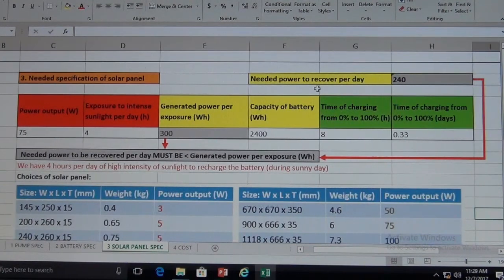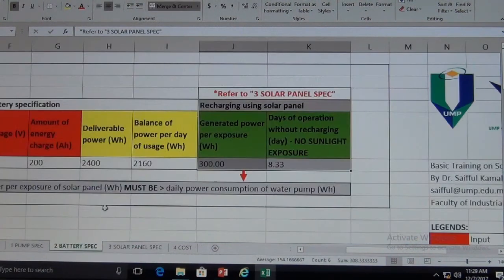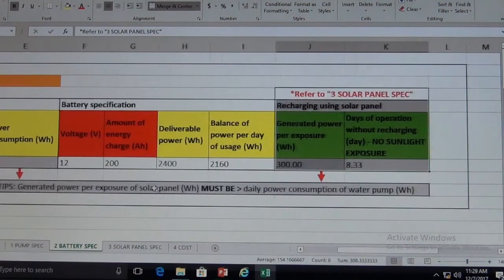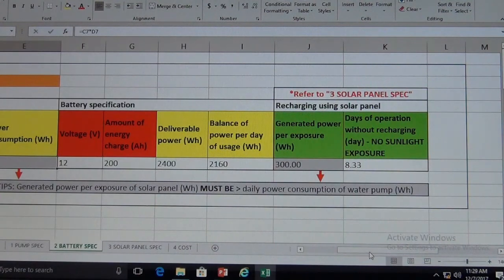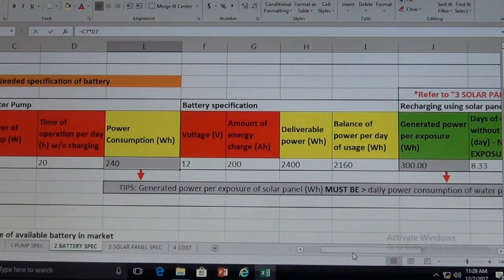So remember, the needed power to recover per day is 240, because on a daily basis we will lose 240 watt hour because of the usage of our water pump. So on a daily basis we must be able to recover at least 240 watt hour.